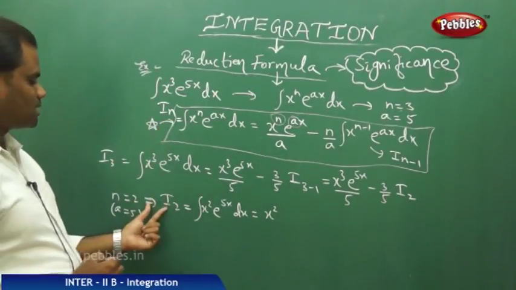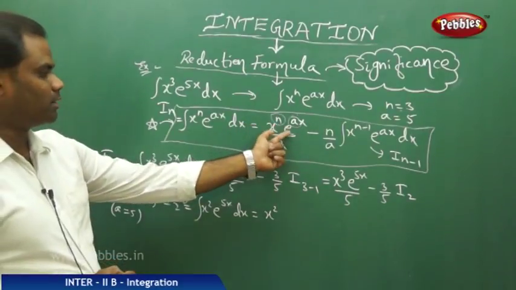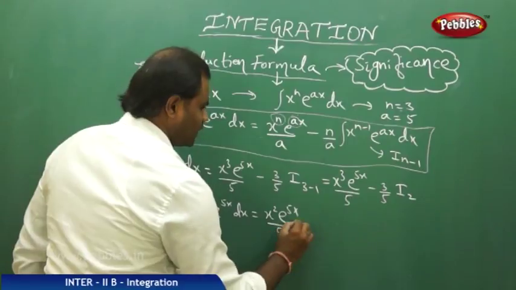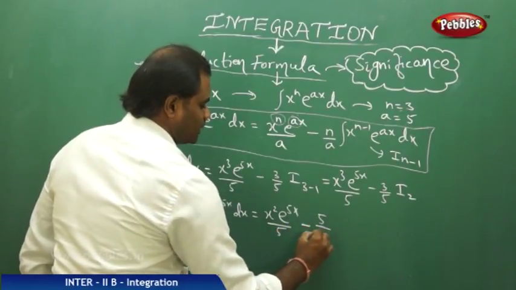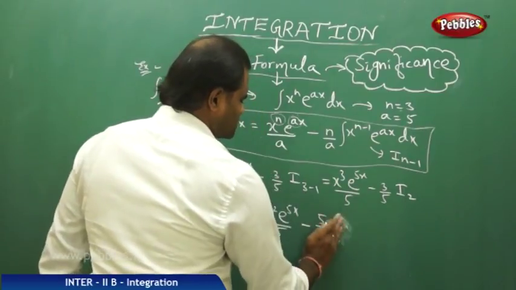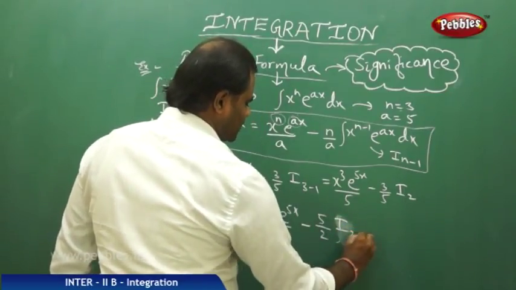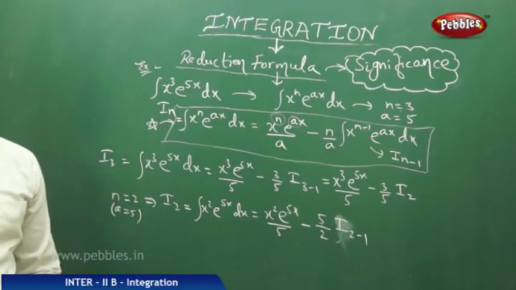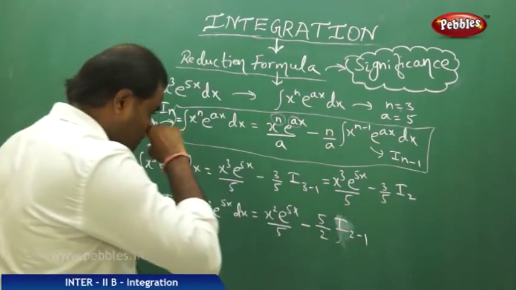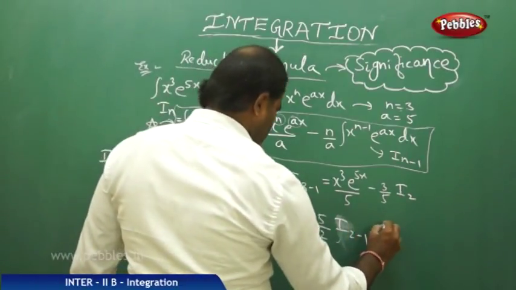So for n equal to 2, I2 equals x squared e power 5x by 5 minus 2 by 5 integral, or this is I of n minus 1. So continuously I get this to be I1, which I am going to find using n equal to 1.